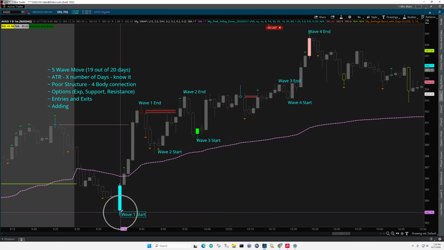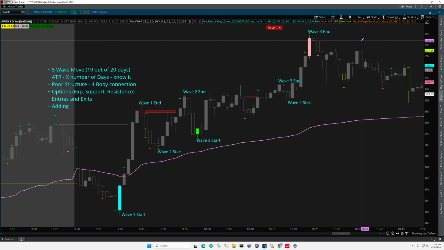You don't need to nail the bottom, you don't need to nail the wave 1 bottom, and you don't need to nail the wave 5 high top. If you're good at that, great, awesome for you. Most people aren't. So most people would probably be content with capturing 2 to 3 of the waves inside of that move.